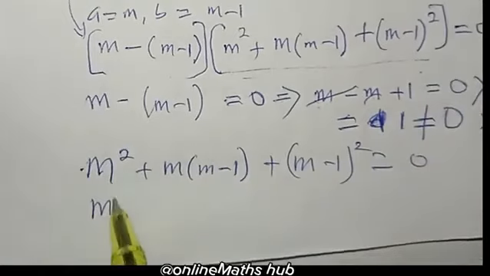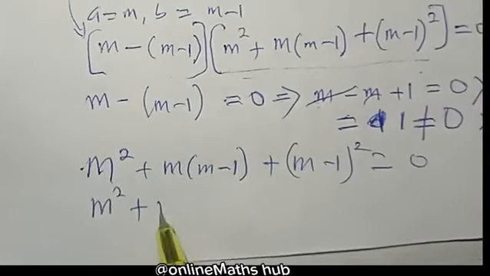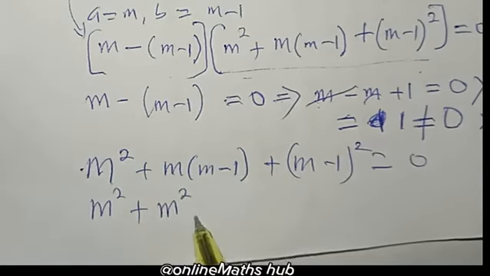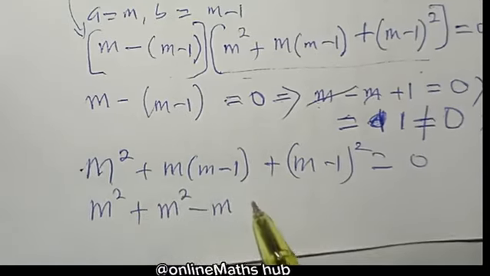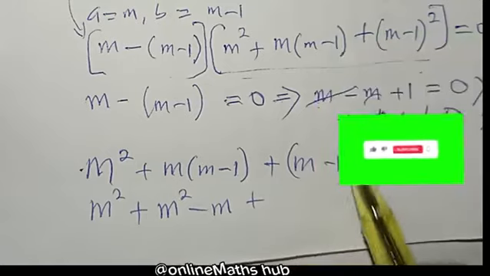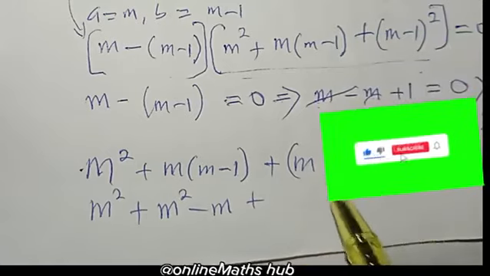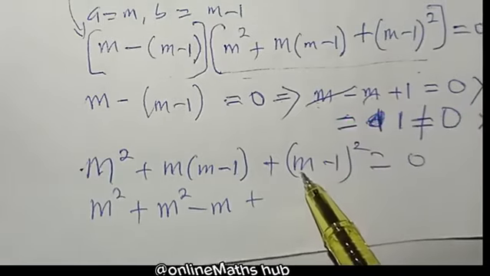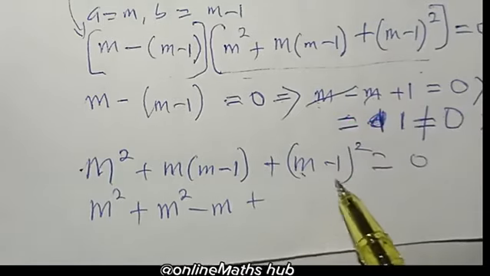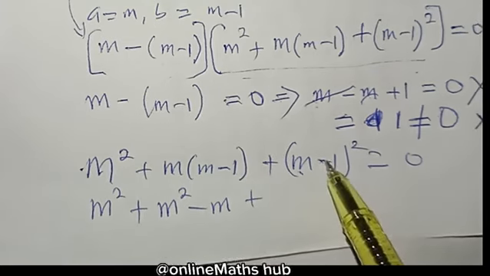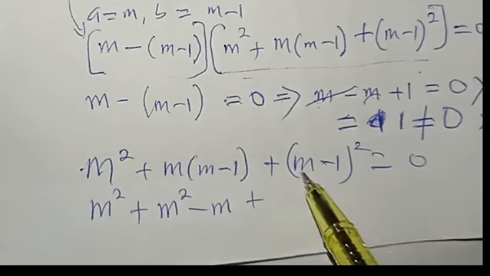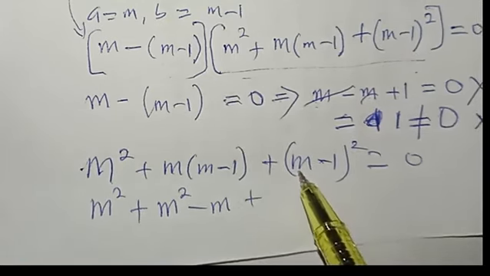So I have m squared plus m times m is m squared, and then m times minus 1 gives us minus m, plus I also simplify this right here. The easiest way to do that: each time you have a polynomial of degree 2 and you want to multiply it, this is just a simple trick. You use the first term to multiply itself.